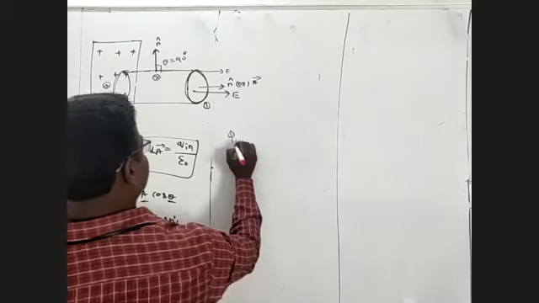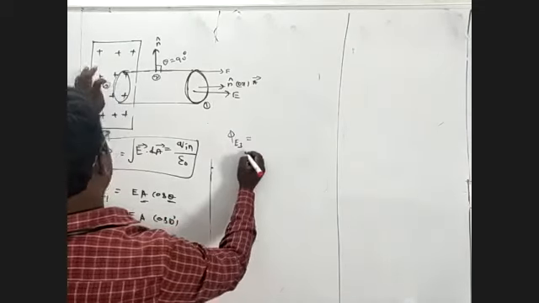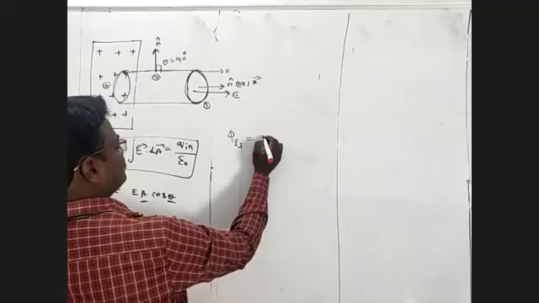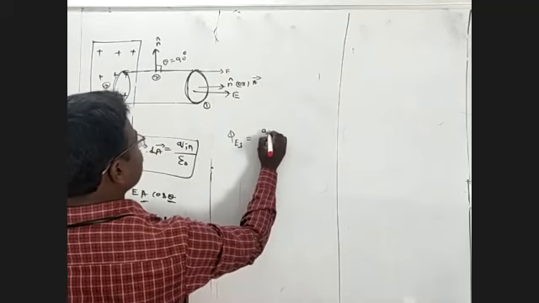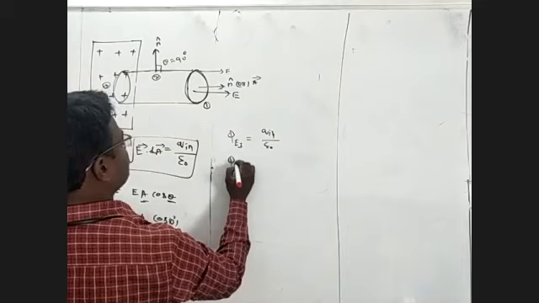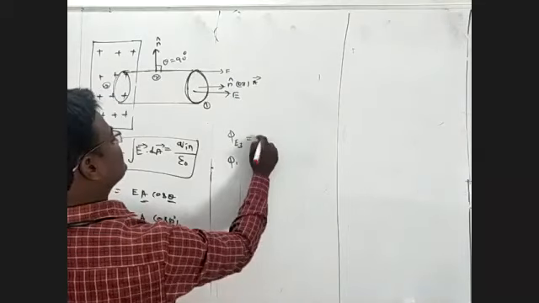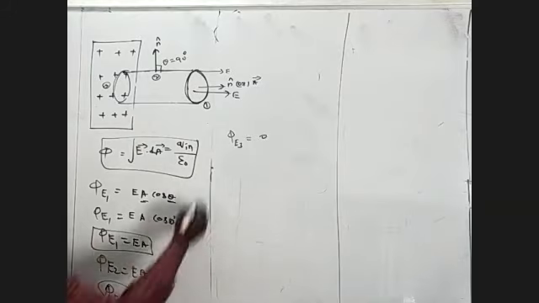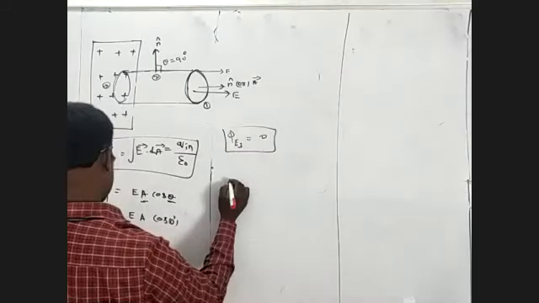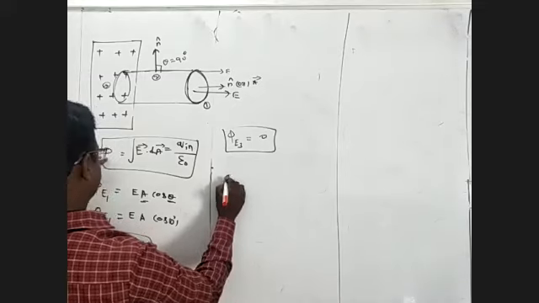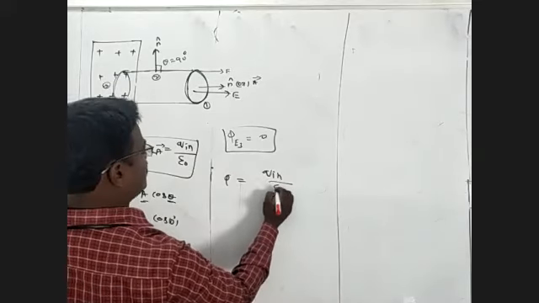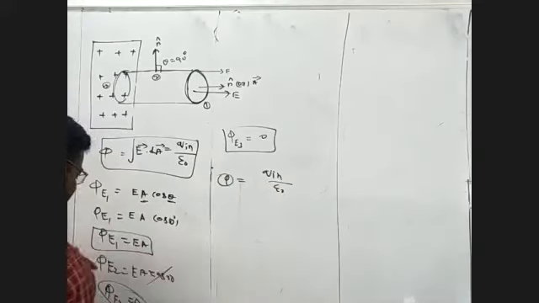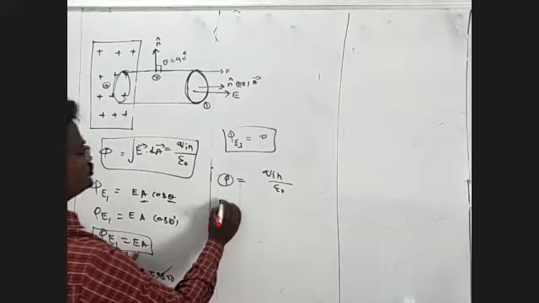Next, flux phi 3. At this place Q is 0, so the flux is also 0. Inside, the charge is 0 and the electric field is also 0, as I already proved. Now what is phi equal to? Phi is equal to Q enclosed by epsilon naught, and the phi is only E into area.